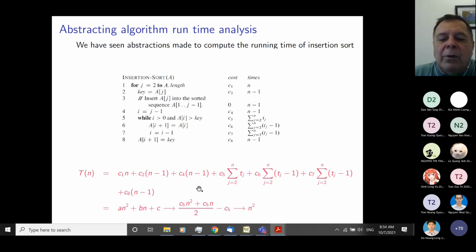So we do not want to bother with this kind of differences because it's going to make it impossible to actually compare algorithms with one another if we go to this level of detail.